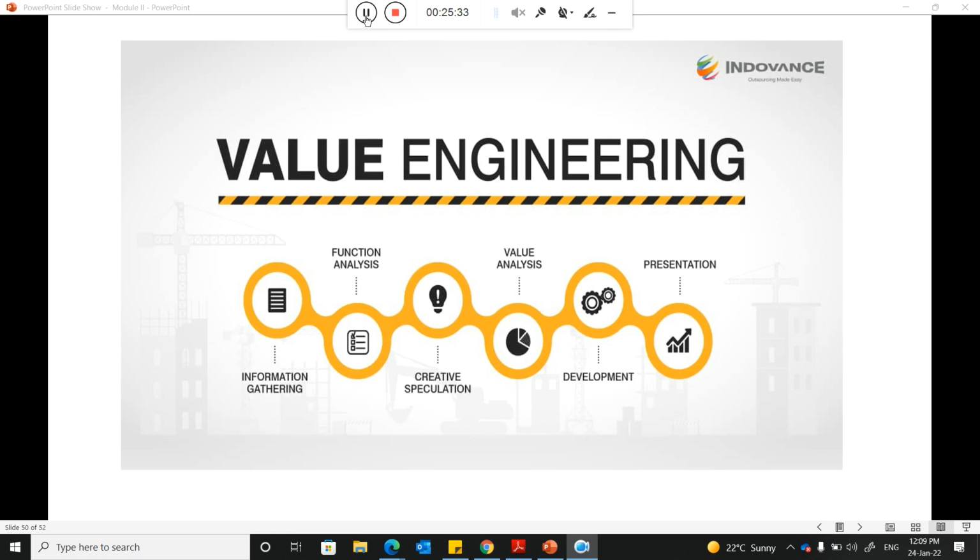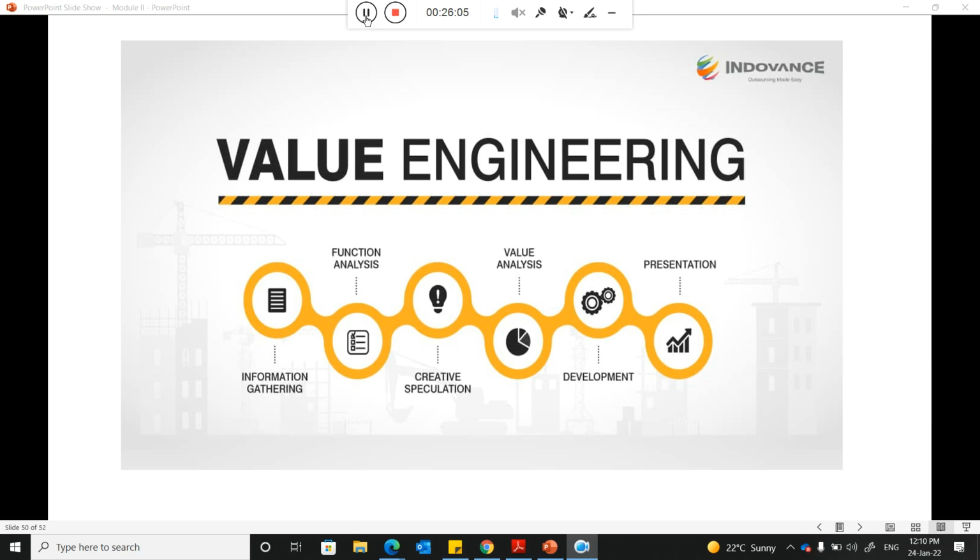The next point is you need to do the function analysis. In function analysis you need to change each component into two words: the first is a verb and the second is a noun. So when I talk about the bolt, what is the function analysis of the bolt? Fastening, and you can add that particular product name: fastening of clamp, fastening of whatever product it is.